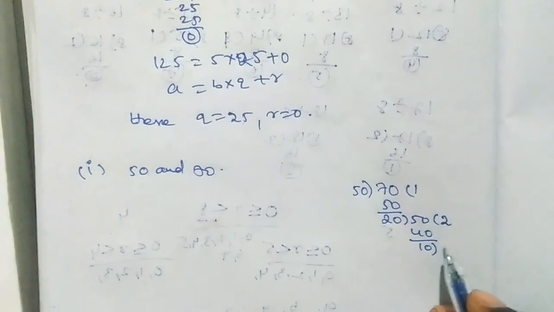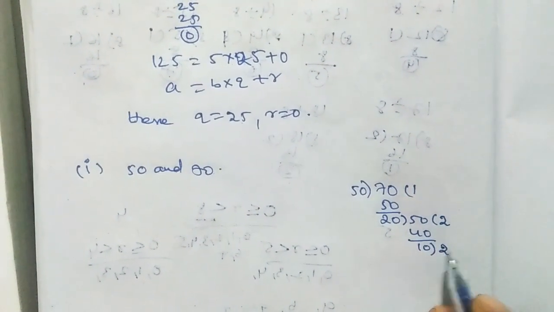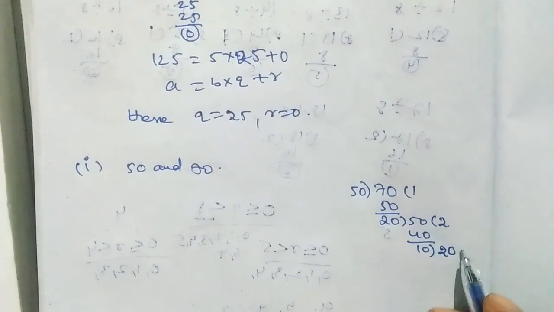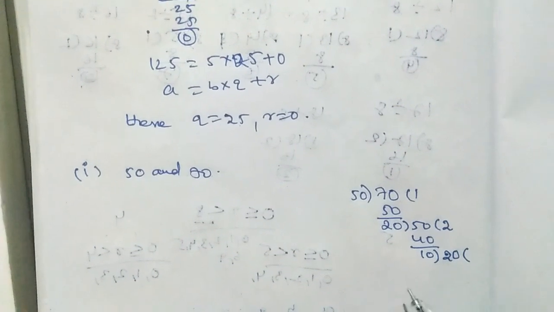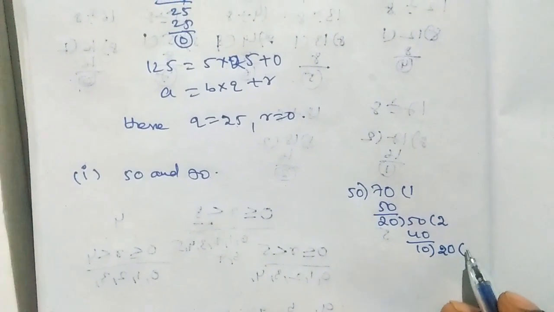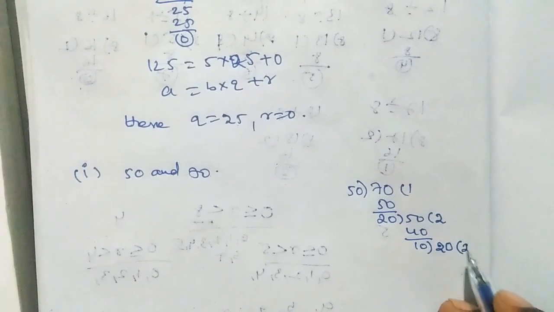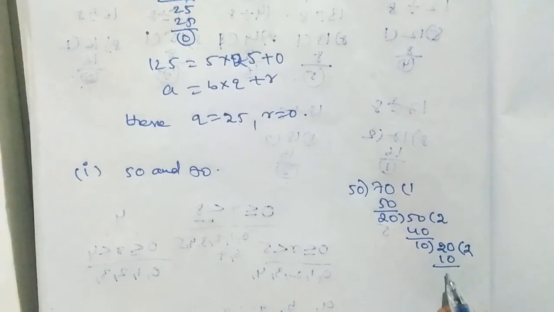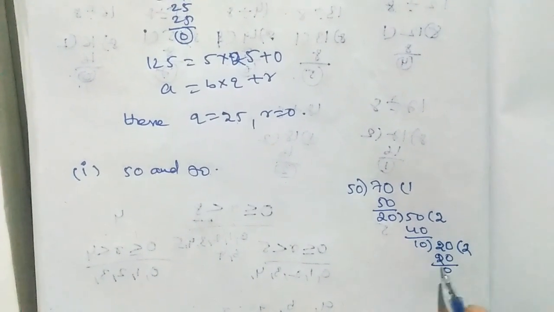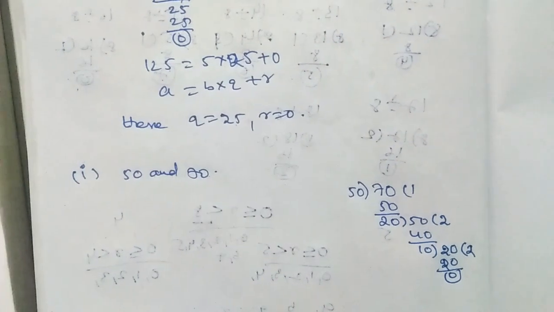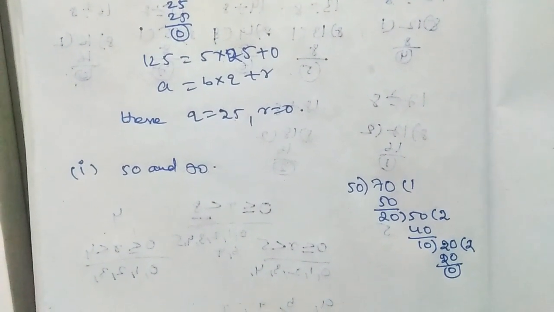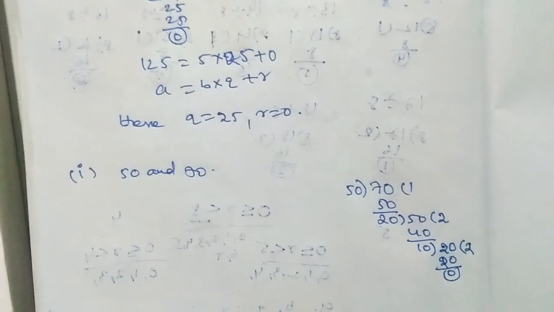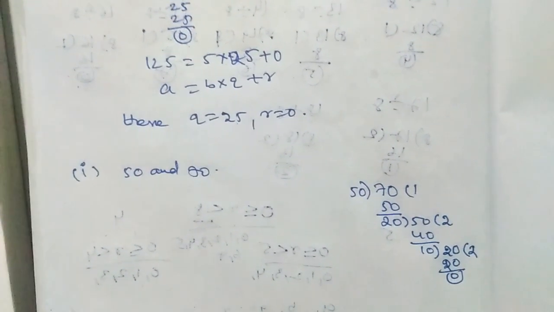Again you write 20 as the divisor and divide by 10. 10 twos are 20, so the remainder is 0. In the continued division method, we do the division until we get the 0 remainder.